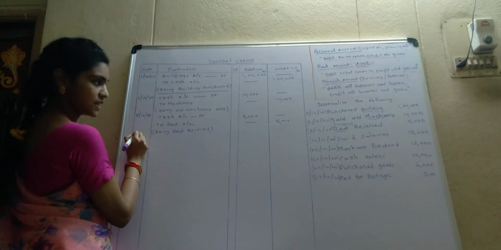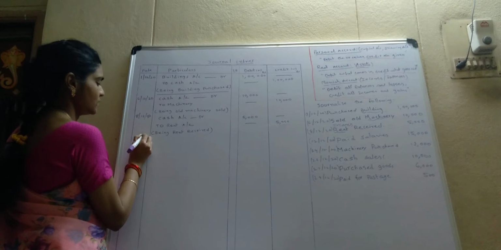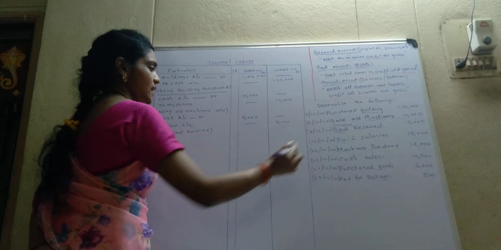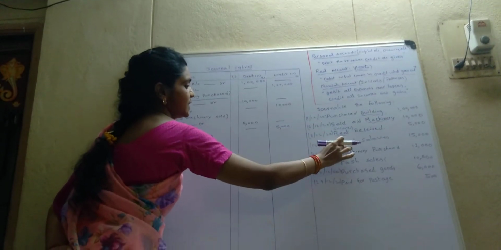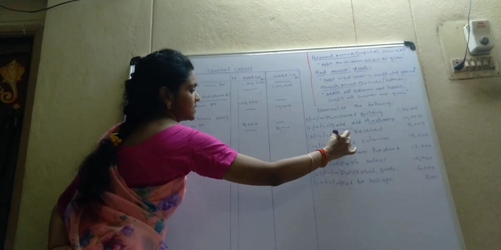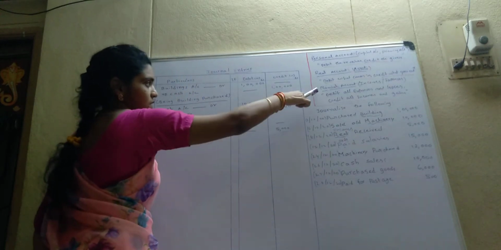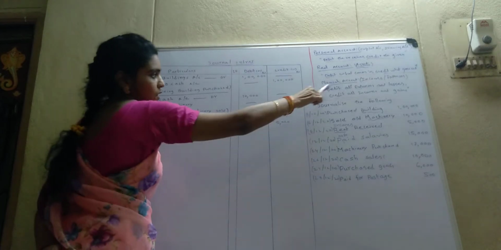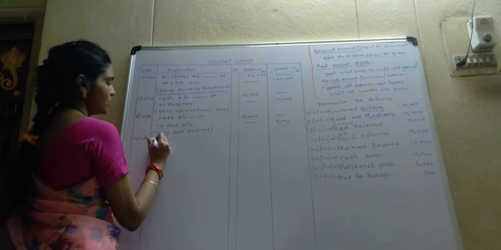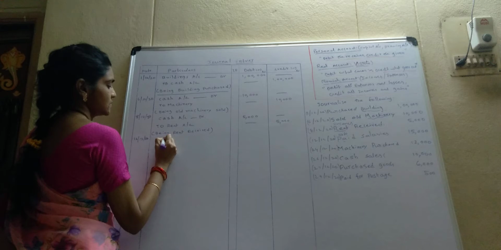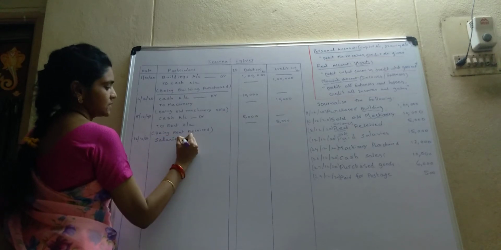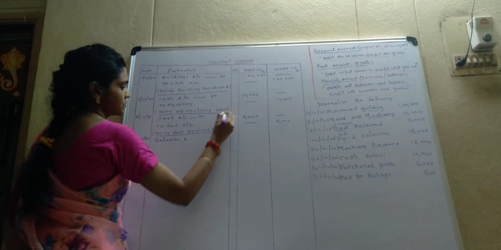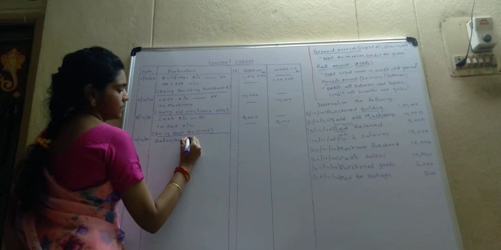And coming to the next transaction, 12/12/20. What is the transaction? Paid salaries. Paid means expense. Expenses means which account? Nominal account. Nominal account means debit all expenses and losses. So we have to debit salaries. Salaries account, debtor.